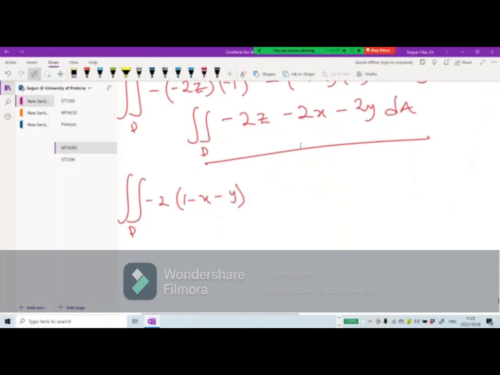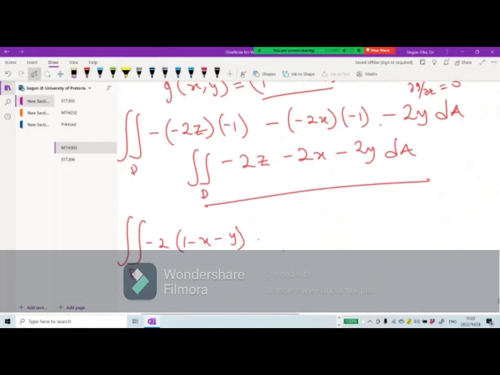Okay, let's continue. So when you open the bracket with this, what do we have? Some things we canceled. Okay, let me write the rest. This is positive. I have -2x, -2y dA.